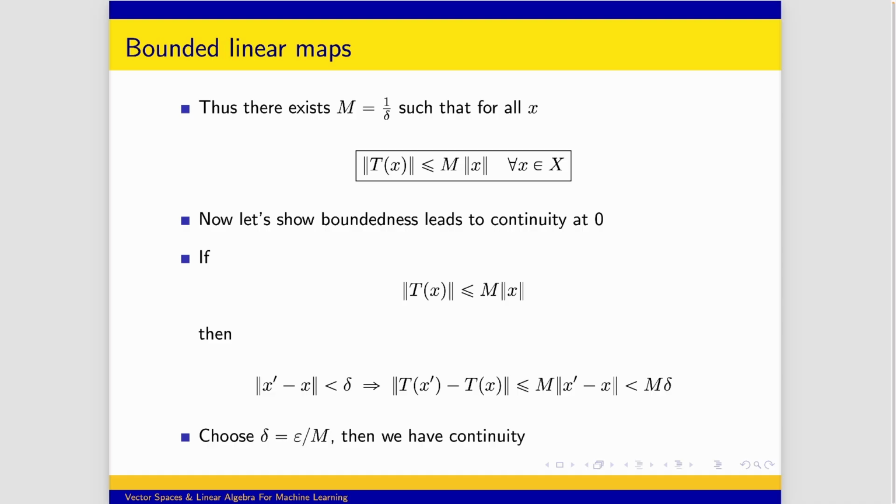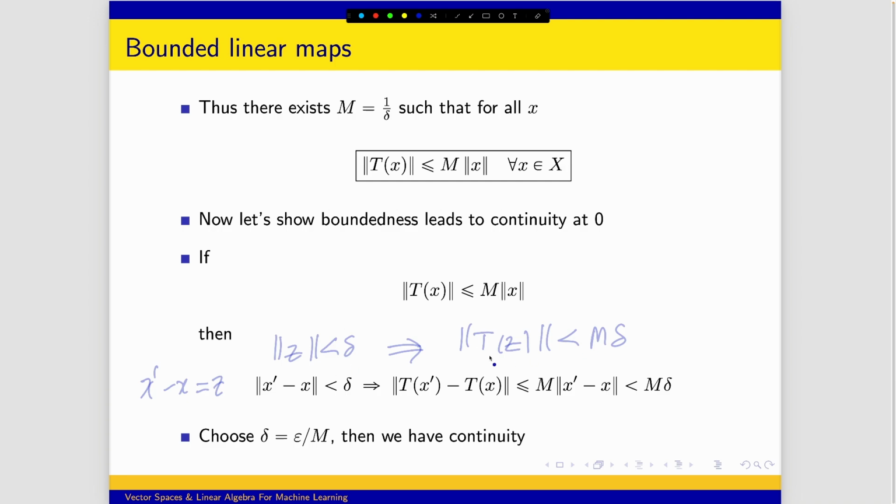Let me be a bit more explicit. Let me call this x prime minus x, like I did before, z. So let me set x prime minus x equals z, which lies in our vector space X, because both of these are in X. This is saying that the norm of z less than delta implies that the norm of T of z is less than m times delta.